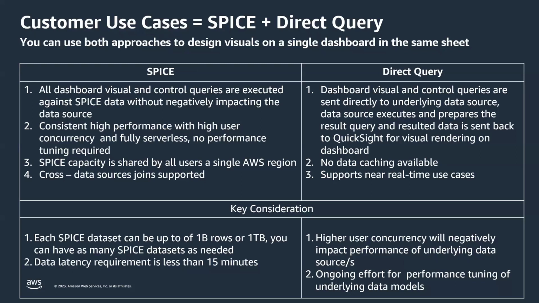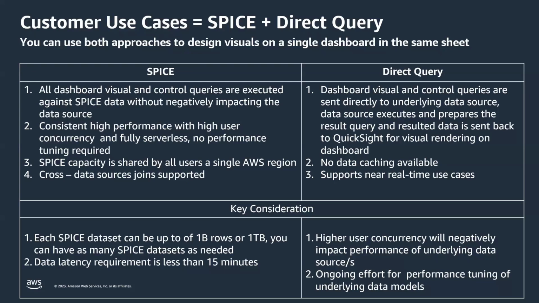If that database is multi-purpose, supporting not only QuickSight BI needs but also other purposes, then it may struggle to meet the demands. So something to consider when you're doing direct query is the load on your underlying database or data sources with higher user concurrency consumption patterns, right?